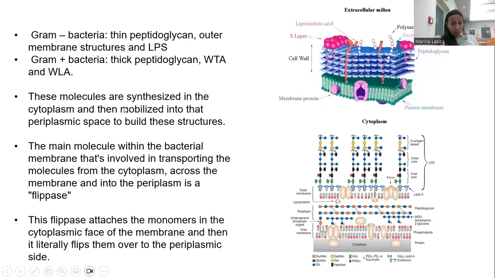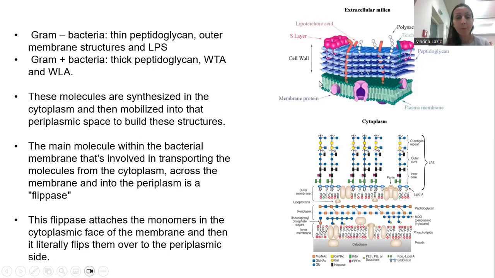In gram-positive bacteria, you will have lipoteichoic acids and teichoic acids. You will see lipoteichoic acids in this top picture. Again, if it's bound directly to peptidoglycan, that's called teichoic acid. If it's bound to the cell membrane, it's called lipoteichoic acid.